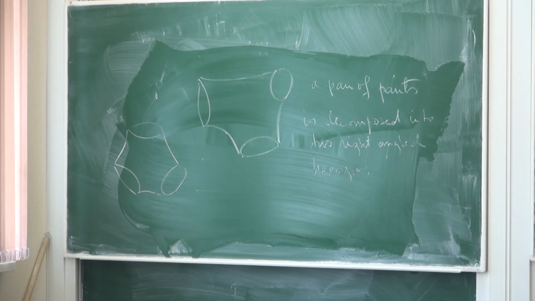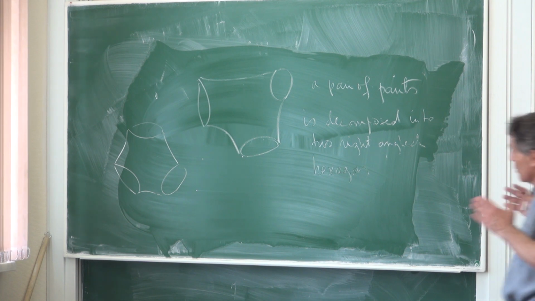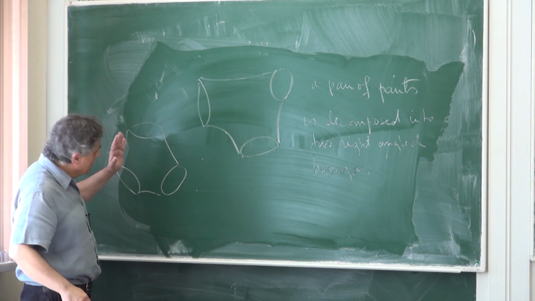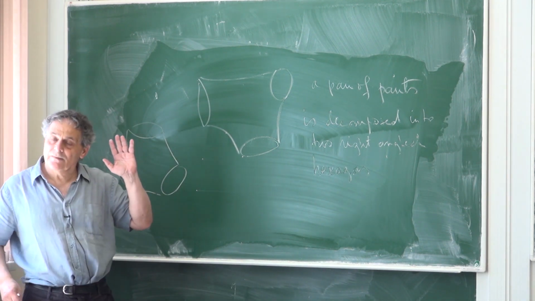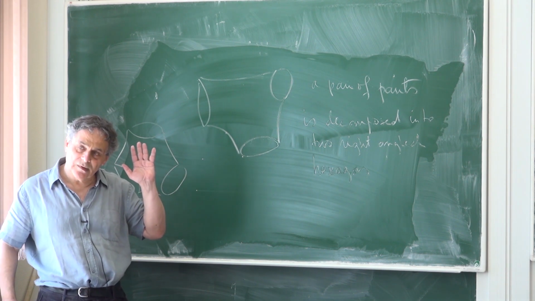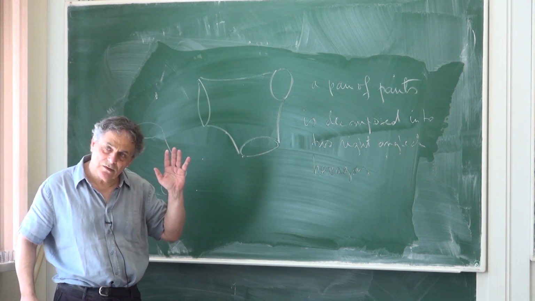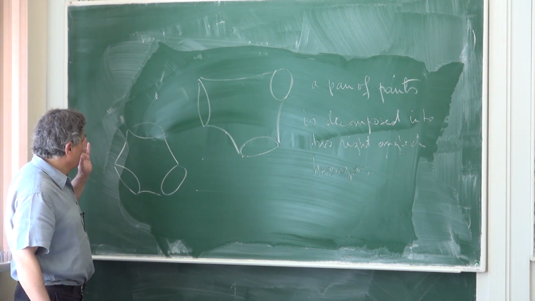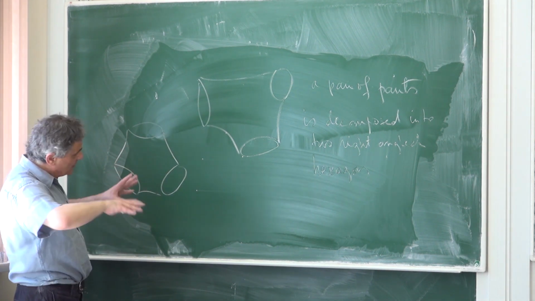And there are different shapes of pairs of pants. Let me draw. We saw that the area of a pair of pants is constant, equal to 2 pi. And here it's not like what you said for hexagons.